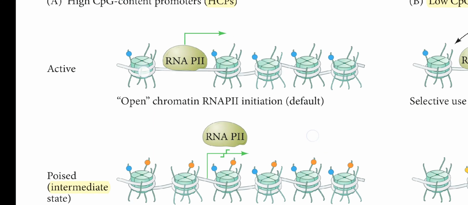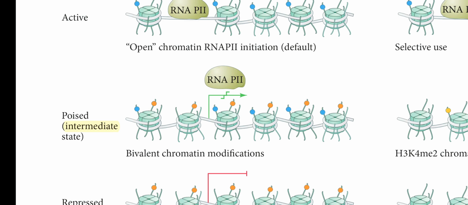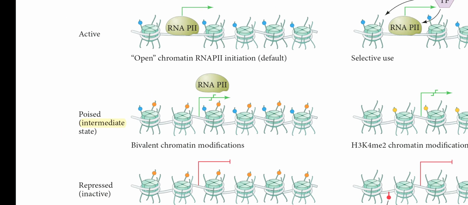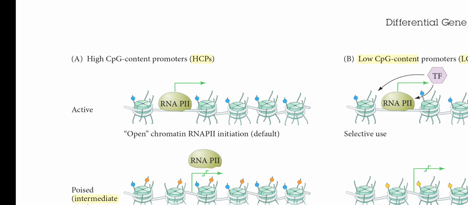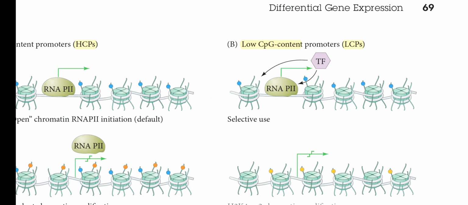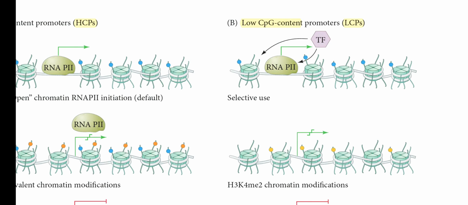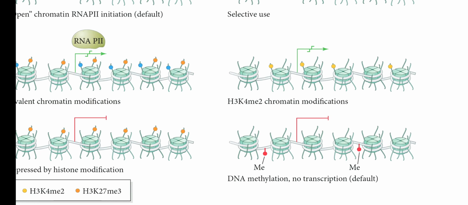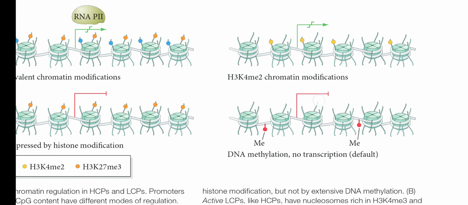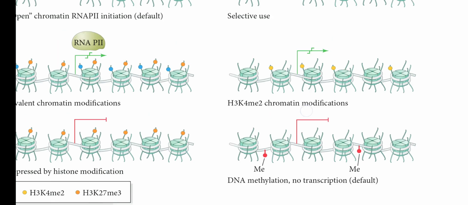But when there is a poised state, the poised state is because of methylation of these CpG cytosine residues, and that causes repression. And similarly in the case of low CpG, what exactly happens? The low CpG content causes the transcription factor to be prevented from binding polymerase II, and that causes methylation of DNA, and there will be no transcription. So the default here is no transcription.